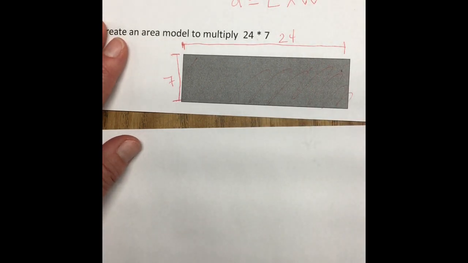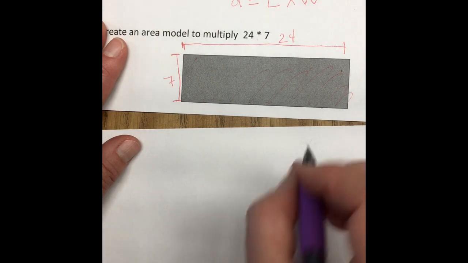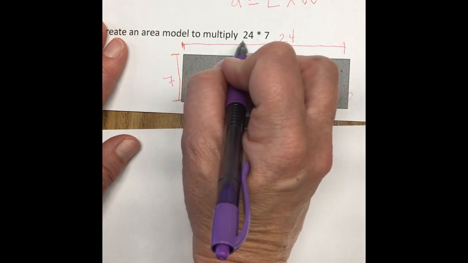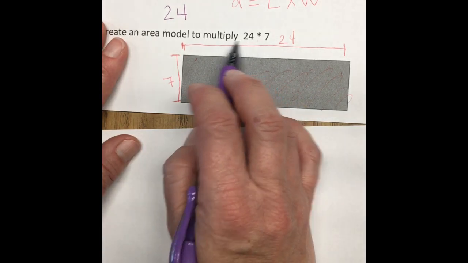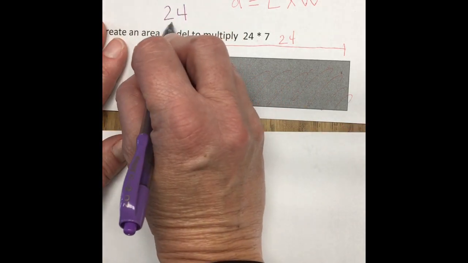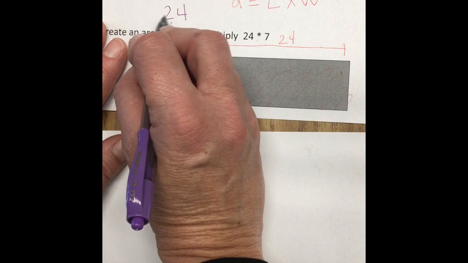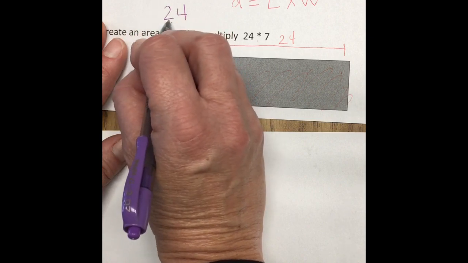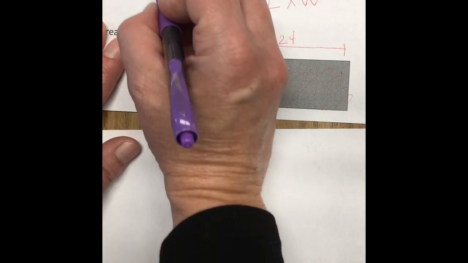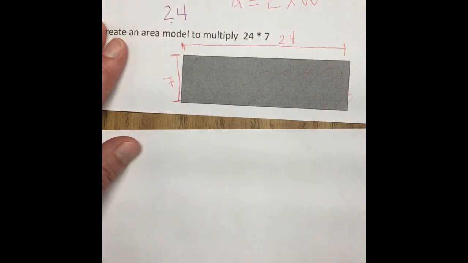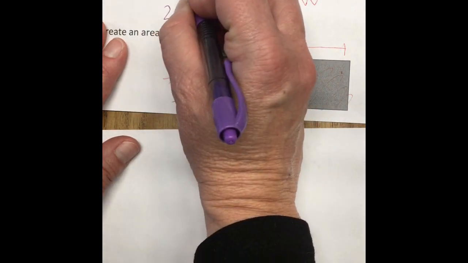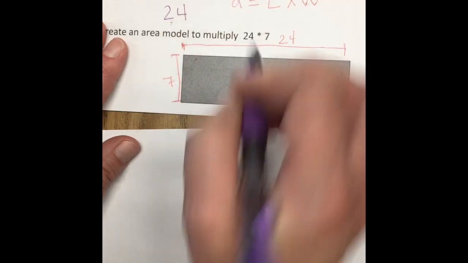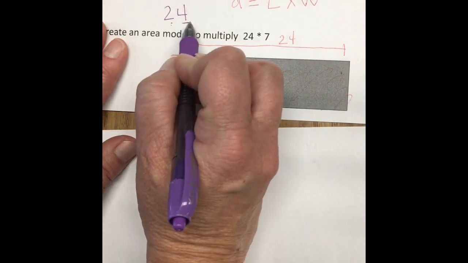Now, if I needed to make life easier so I could do math in my head, I could look at this 24 and say, well, let's make this easy. Let's work with tens. And there is, in this column, a 2 representing 2 tens, which is the same as 20. And if I, instead of 24 times 7, say, well, 20 times 7, then I still need to account for what's left over.